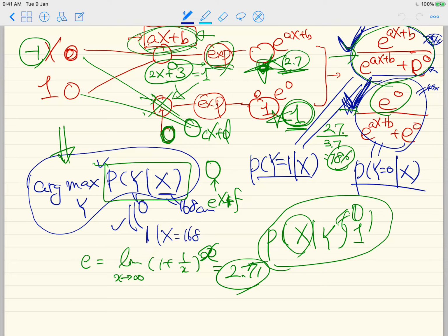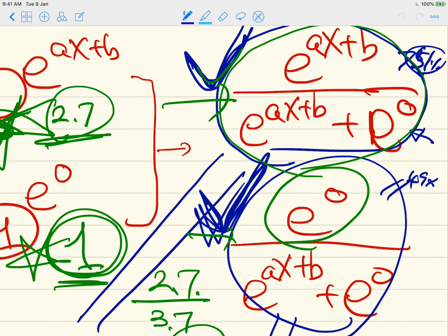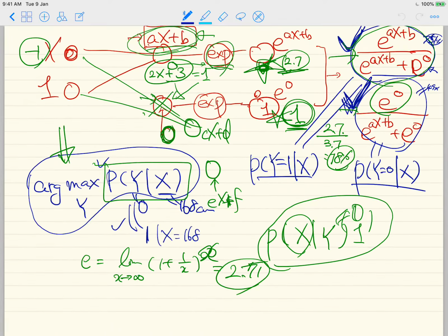Okay, back to this logistic regression case. Let's derive the Bayes classification rule in this case. We know those two probabilities are given in this form, corresponding to the positive and negative class.